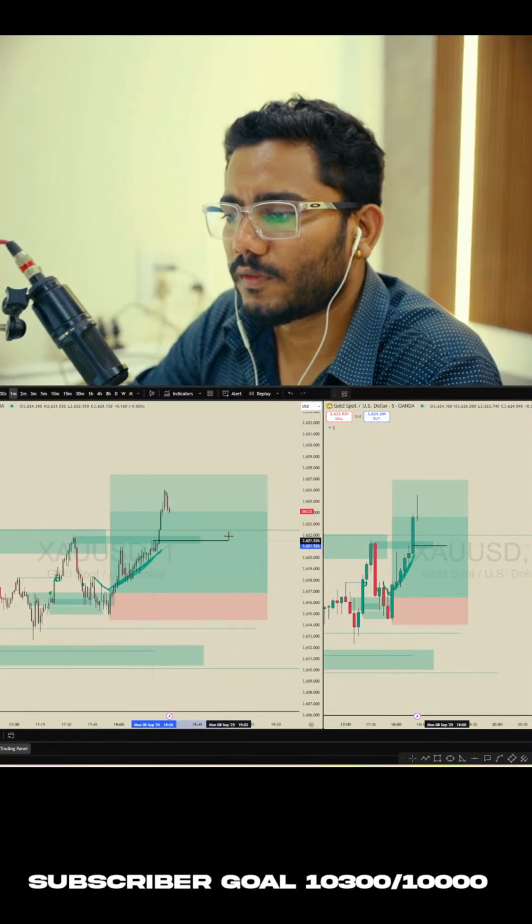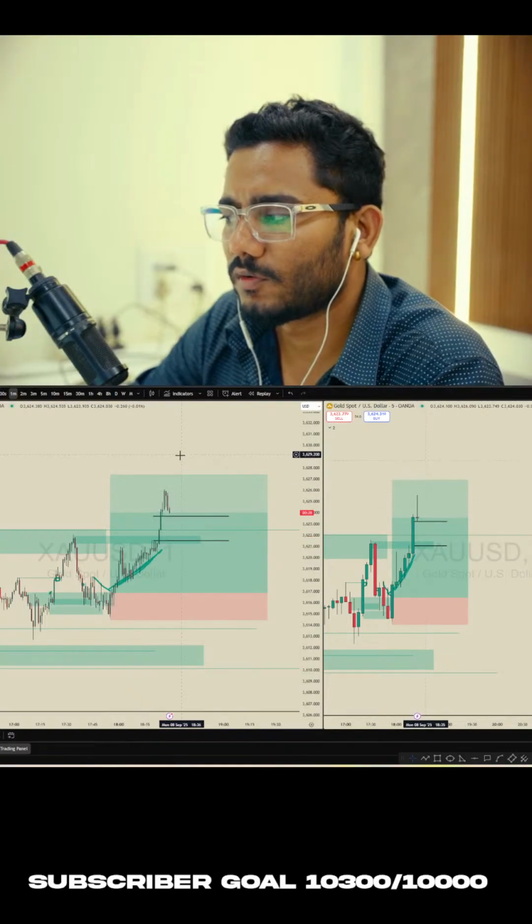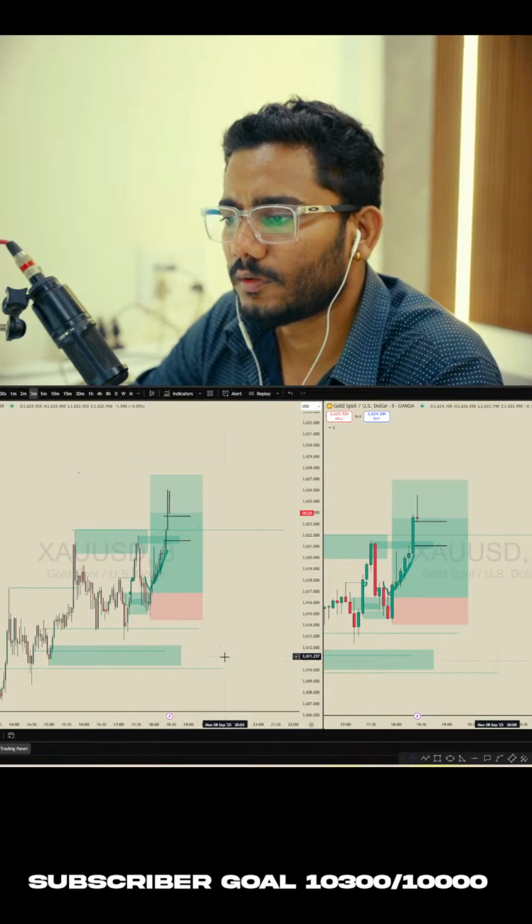So we have this imbalance, so it will sweep, tap this imbalance, and it should continue. Let's see.